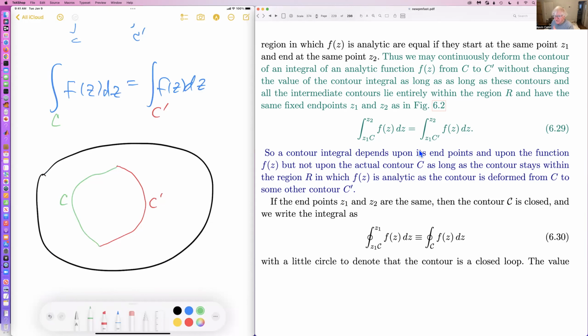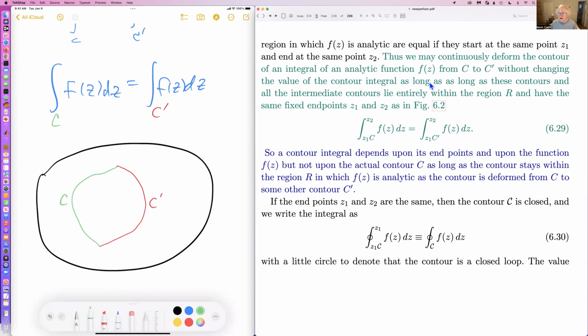As the contour is deformed from one contour to another, or equivalently, we may continuously deform the contour of an integral of an analytic function from C to C prime without changing the value of the contour integral, as long as these contours and all the intermediate contours lie entirely within the region R and have the same fixed endpoints. So this is the theorem, one version of Cauchy's integral theorem.